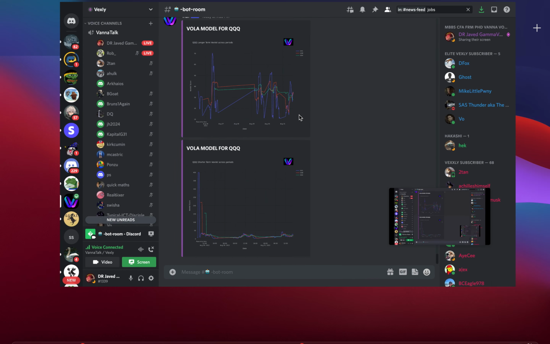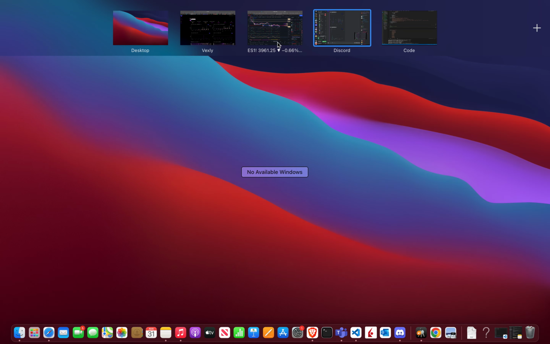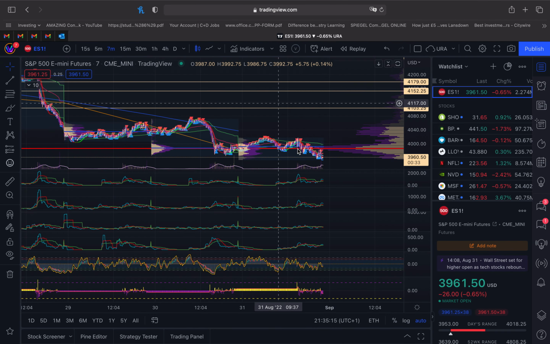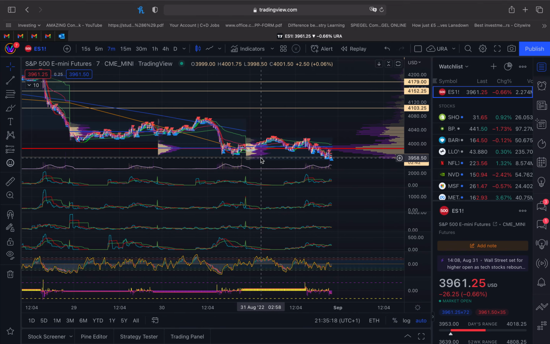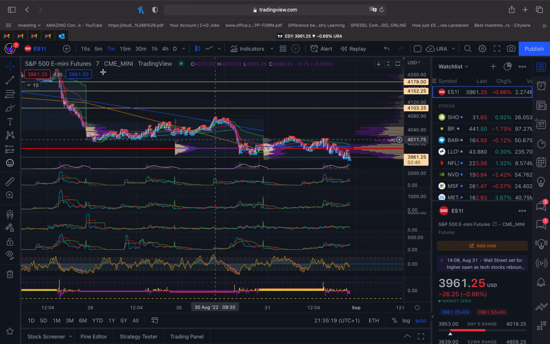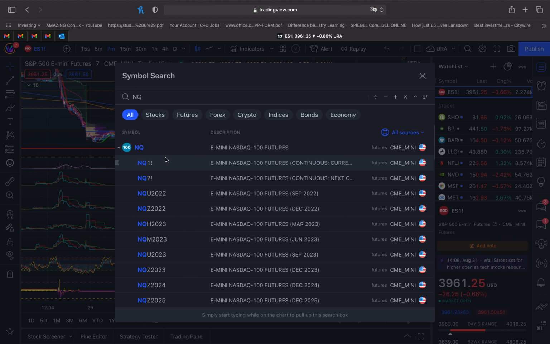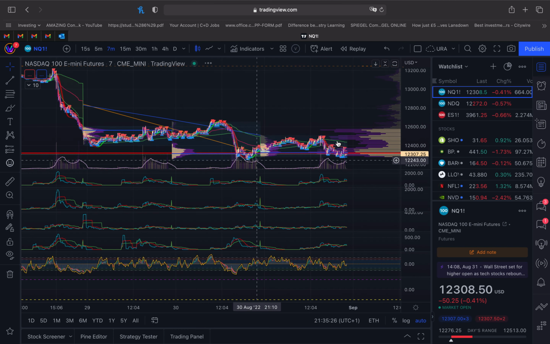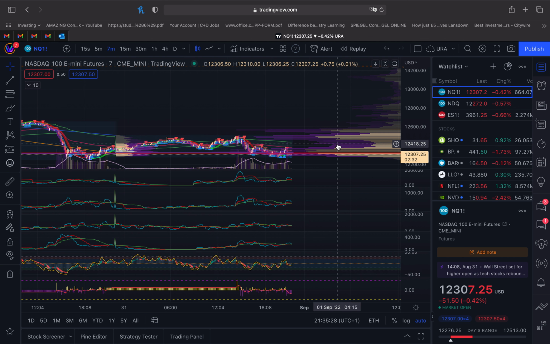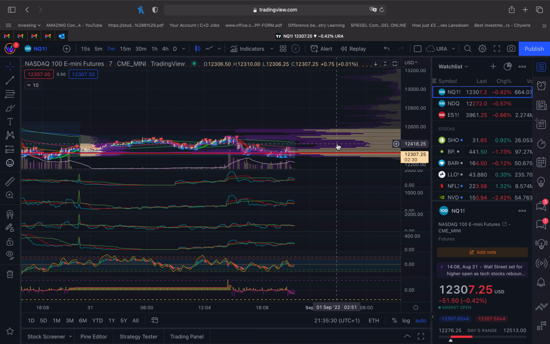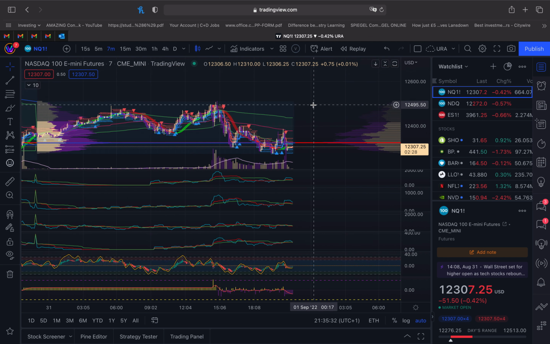So let's flip open and go on to this as an example. So I'm going to load up NQ. You're going to see similar sort of stuff, except the rules aren't the same.